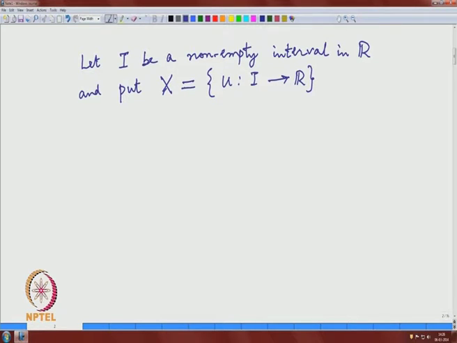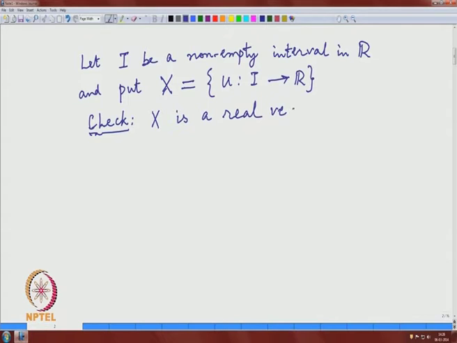Okay. And it is easy to check that X is a real vector space.